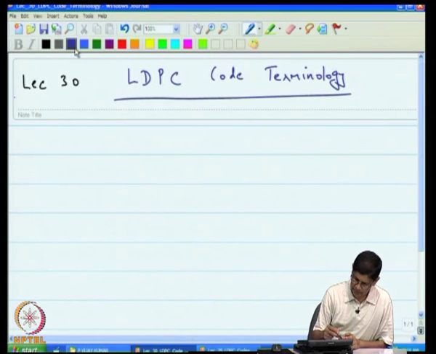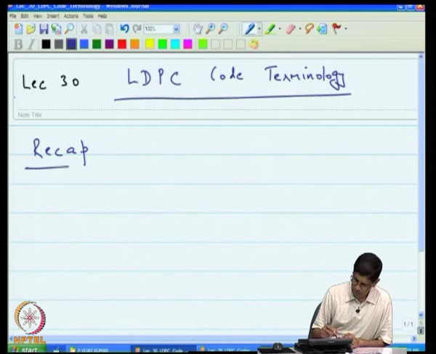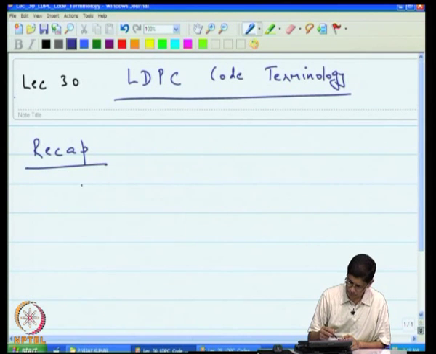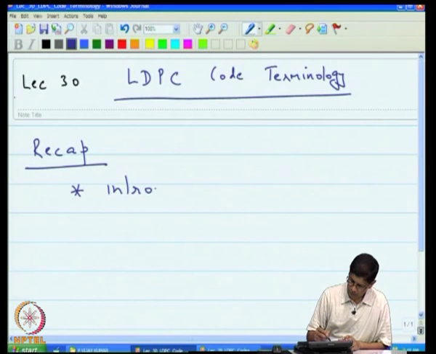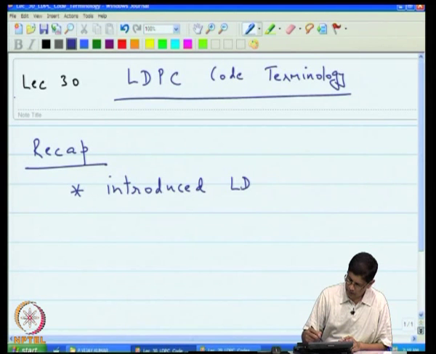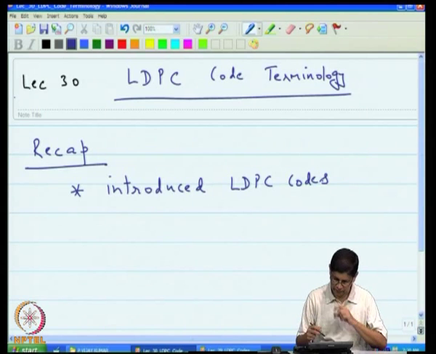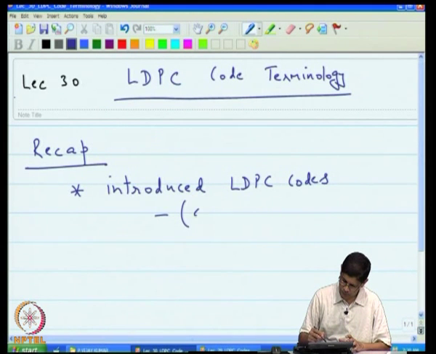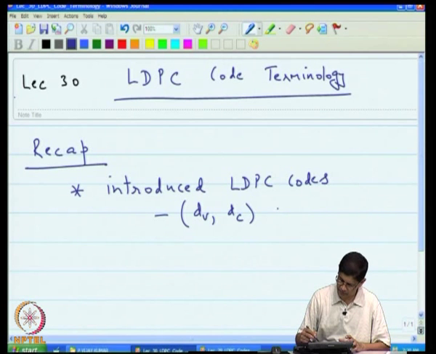So, a very quick recap. Introduced LDPC codes. We introduced terminology of DV-DC regular codes.